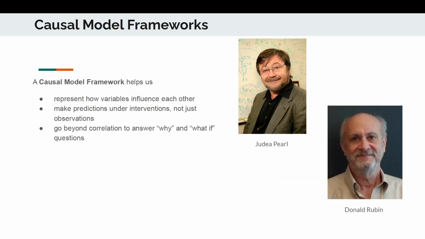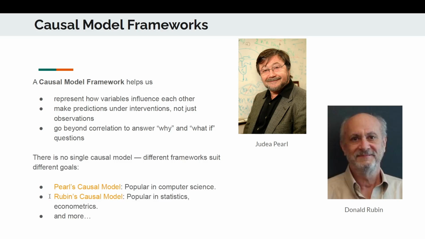Alright, for this we have to learn how the current state of the art understands the causal relationships and which causal model frameworks come into play. A causal model helps us to understand how variables influence each other or make predictions under interventions, going beyond simple observations to answer why and what if questions.